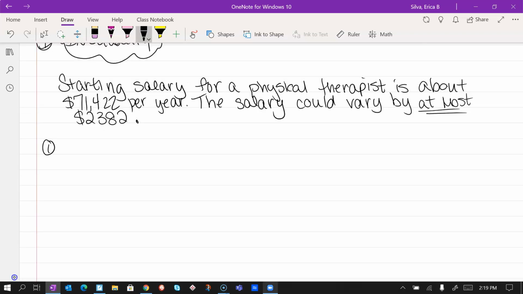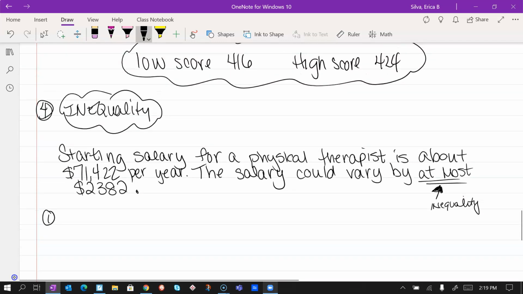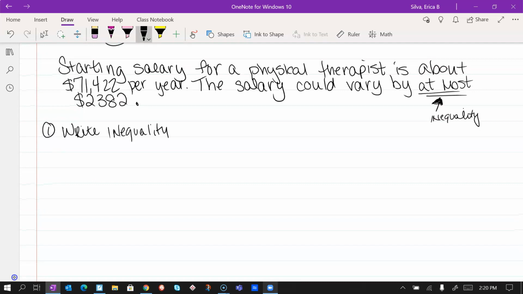So we want to write an inequality, and we know it's an inequality because of that word "at most." That's a big hint that we need an inequality. So we want to write our inequality, and then we want to solve and graph the max and minimum.